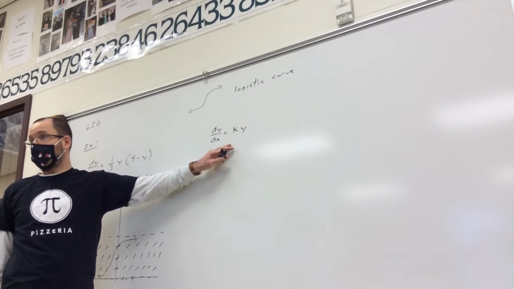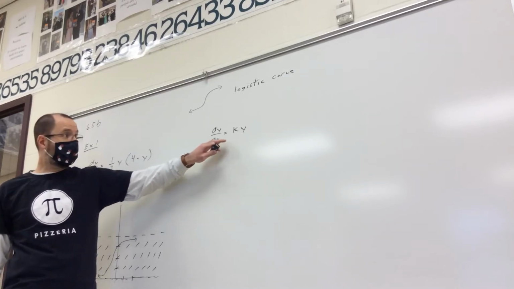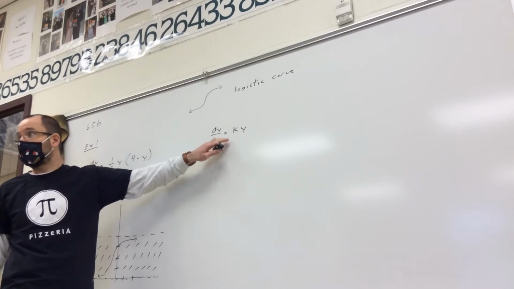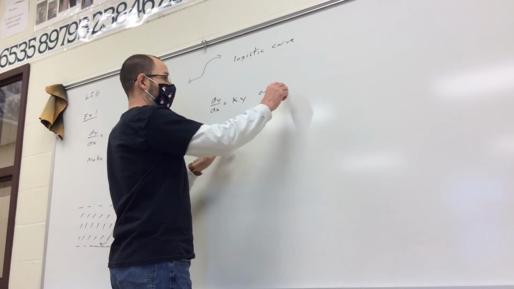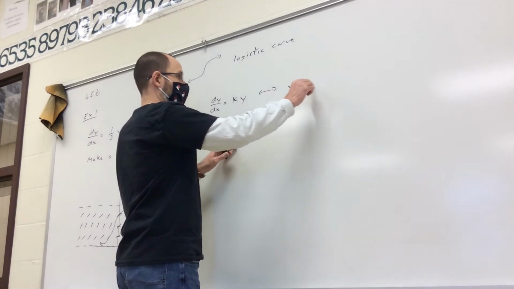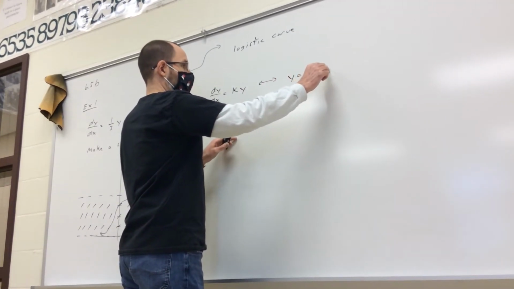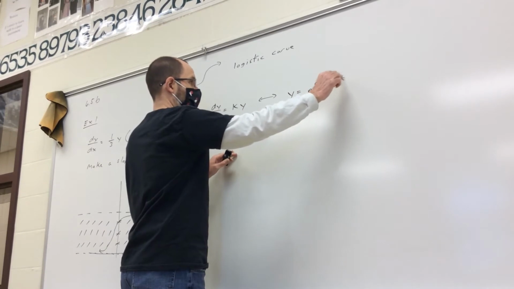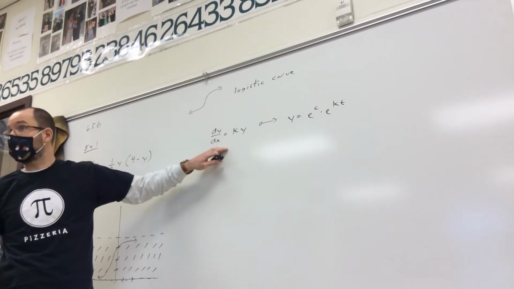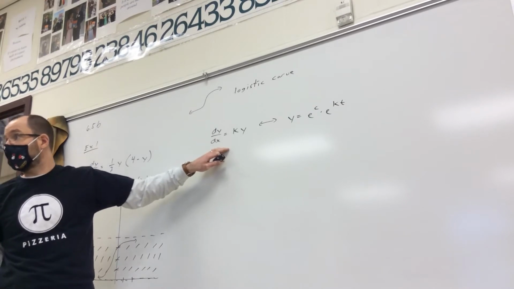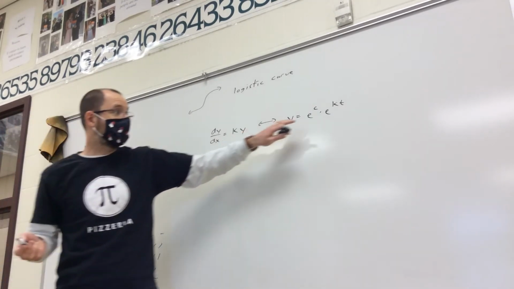That's what I ended up with yesterday. And I said, okay, we've done this a lot, so we know now that this is going to lead to this y. So this differential equation, if we do the antiderivative of it, leads to here.